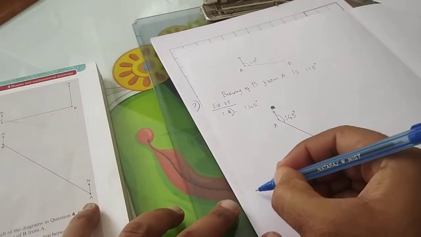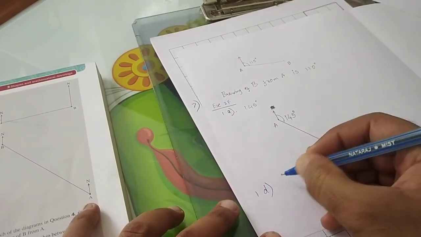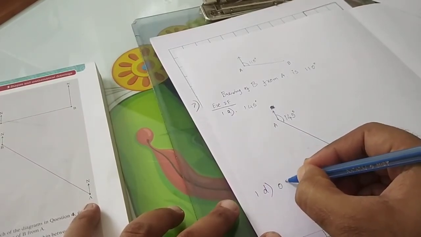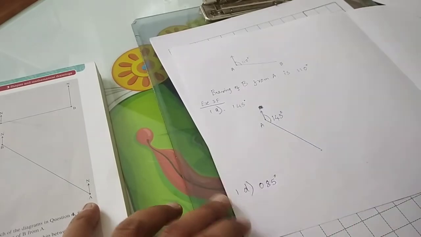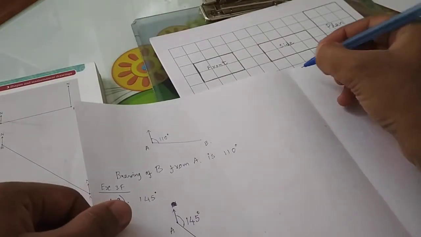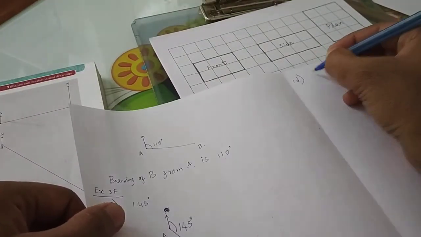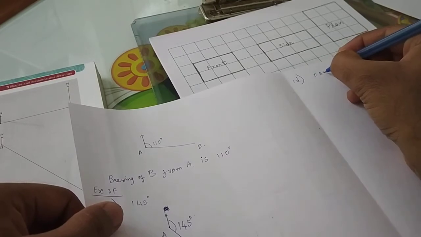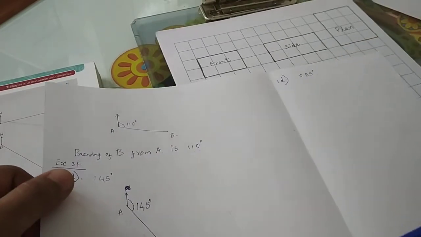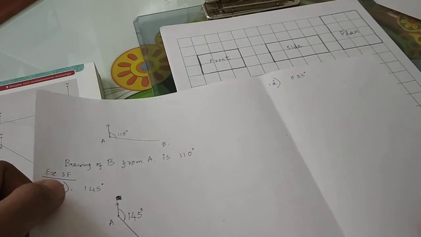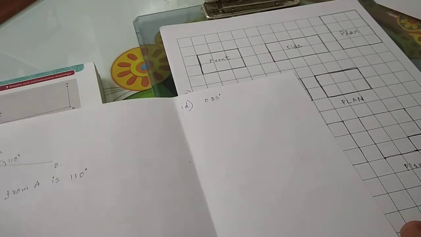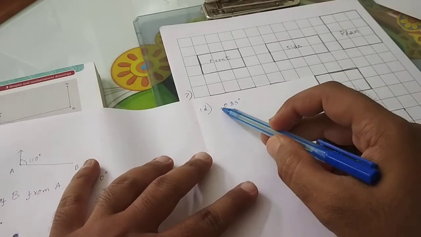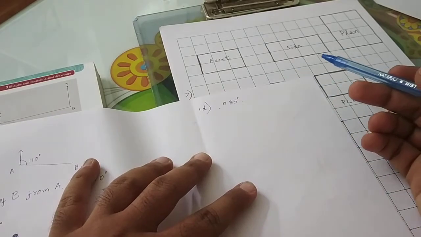1D says 085 degrees. Okay, now why this 085 and why not just 85 degrees?